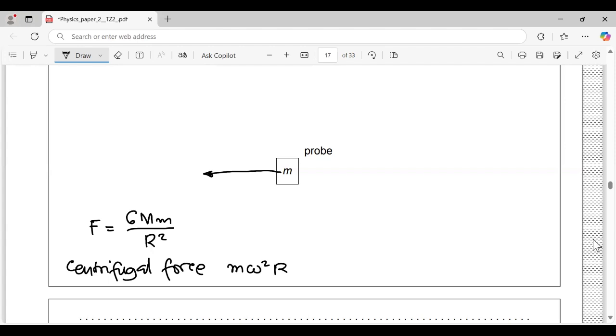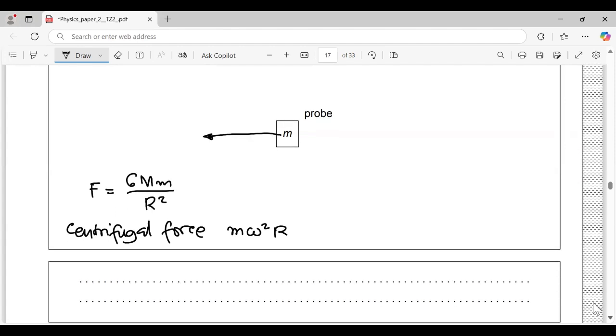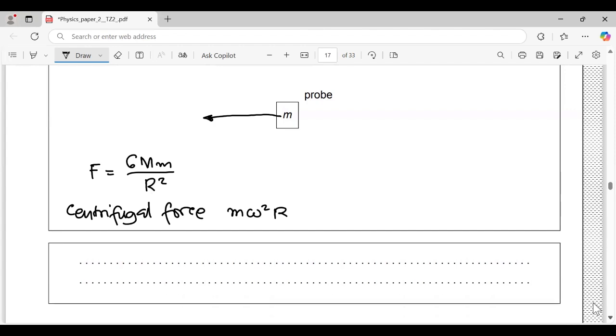The normal force must balance with the sum of the gravitational force and centrifugal force. So we can have the equation about the normal force balanced with the sum of the gravitational force and centrifugal force like this.